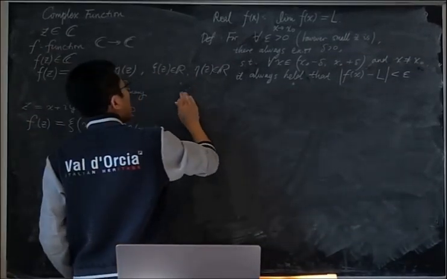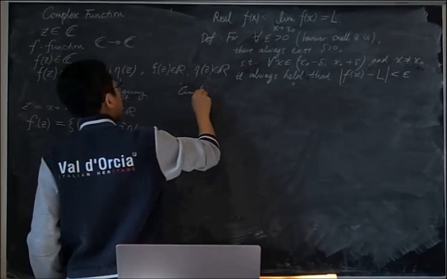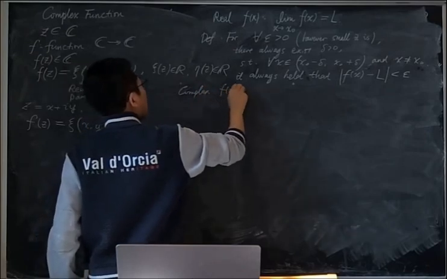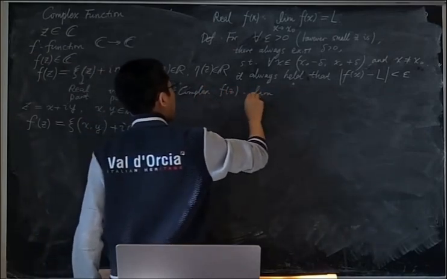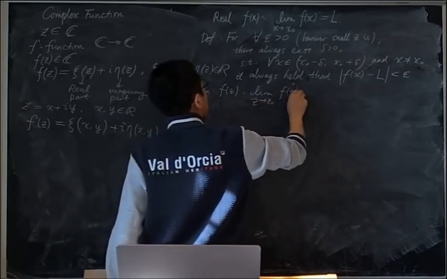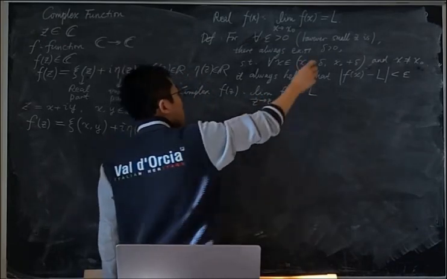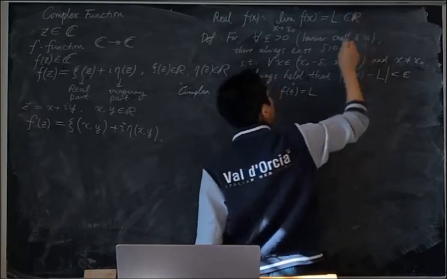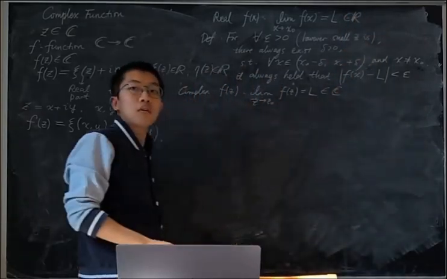Like for a complex function f(z), if I say the limit of f(z) as z approaches z naught is some sort of L, of course this L could be a complex number, right?